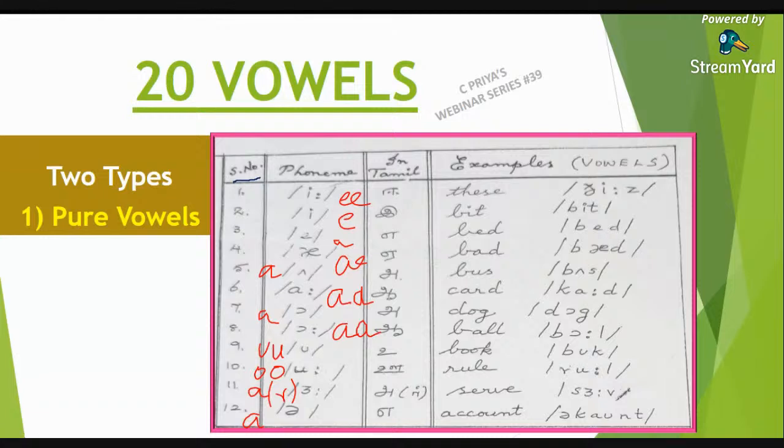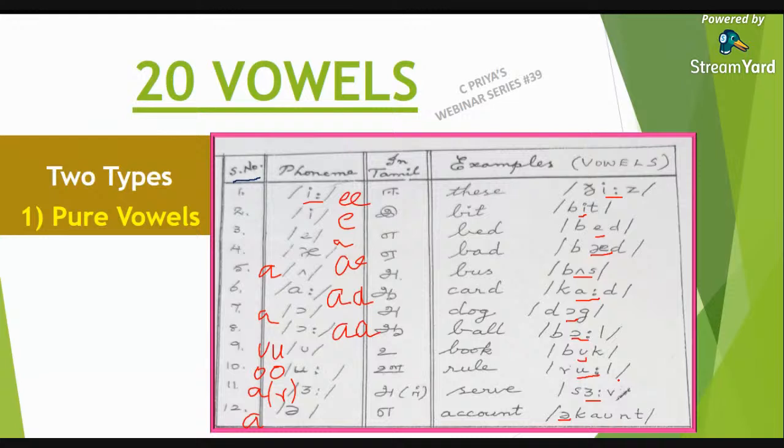So whenever we have this sound, we have to read it as E, right? Please try to read these sounds by comparing E, A, D, bird, book, rule, serve, A. Take 10 to 15 seconds.